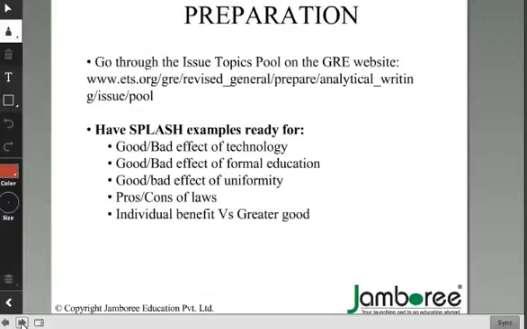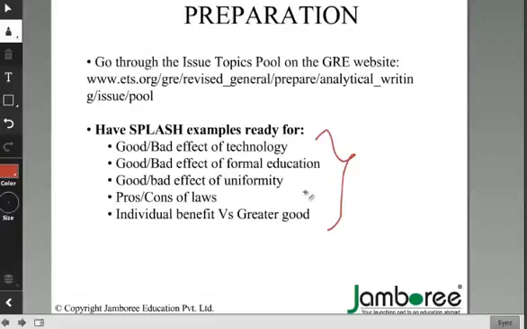Around this wide spectrum of topics, if you have examples, you may even decide that you agree the effect of technology is bad, and then you can have 2-3 points and one example for each.